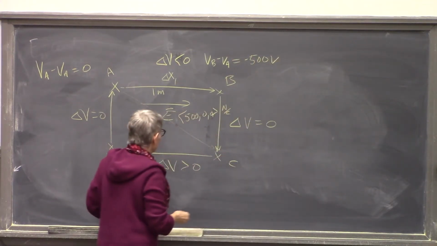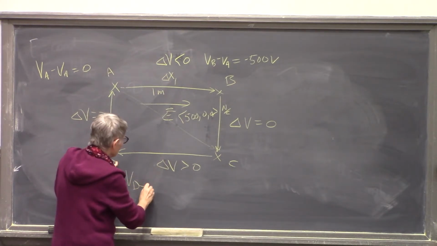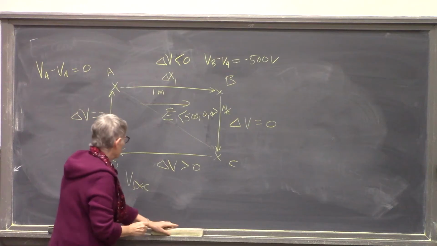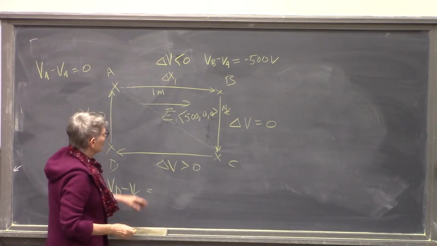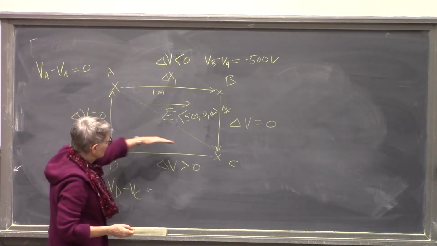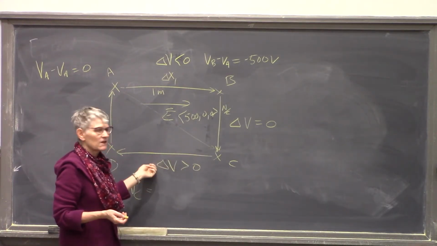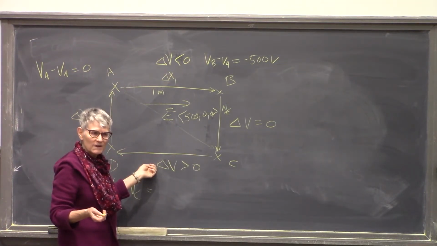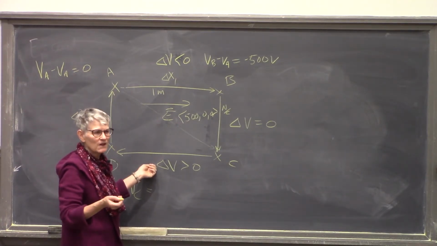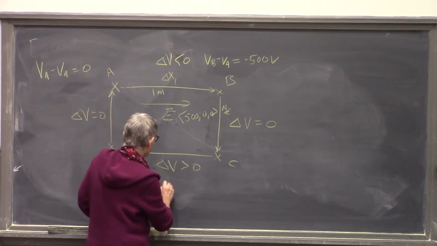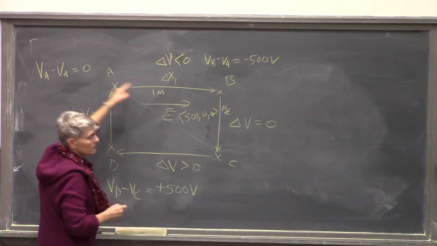We already know that's 0. VD minus VC, I'll write it the other way. Well, we have E sub x is 500, delta x is a negative 1, so minus 500 times a negative 1 is going to give us a plus 500 volts, and that's a 0. So the potential differences do add up.